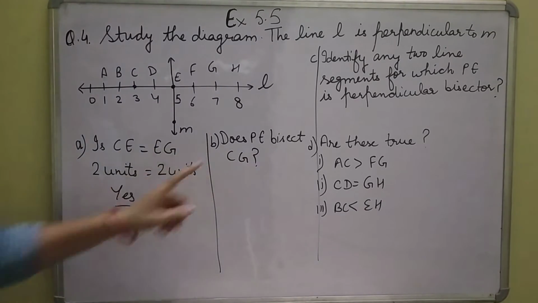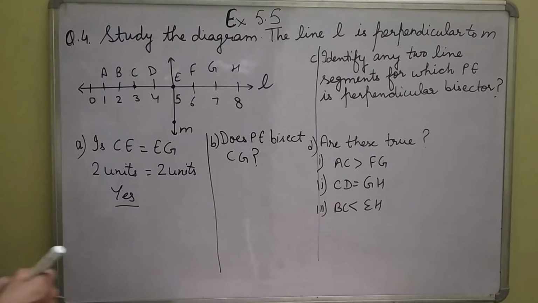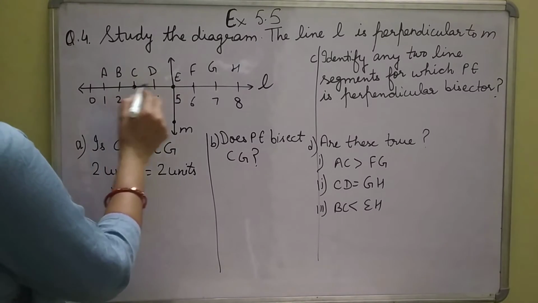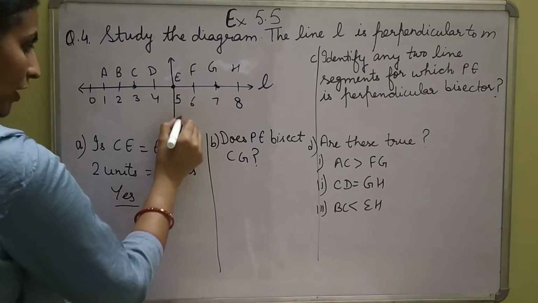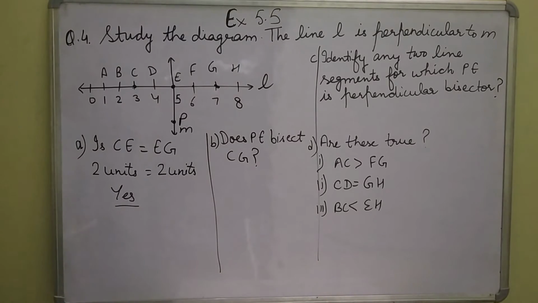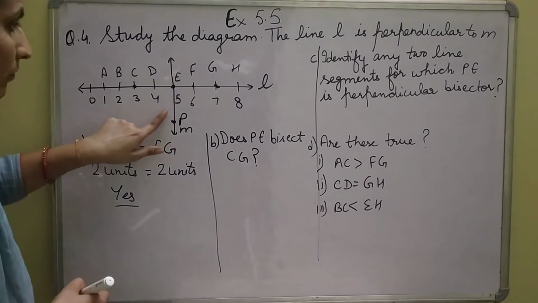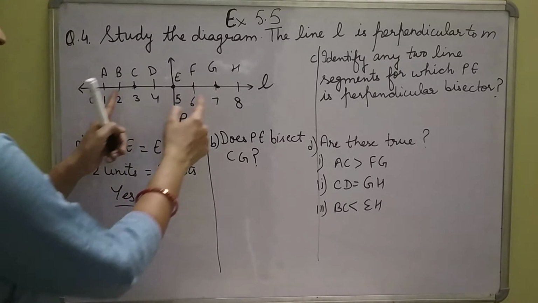Now part B is, does PE bisect CG? Where is PE? This is CG, and this is our point P. This is PE and this is CG.